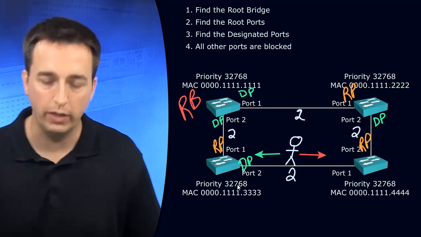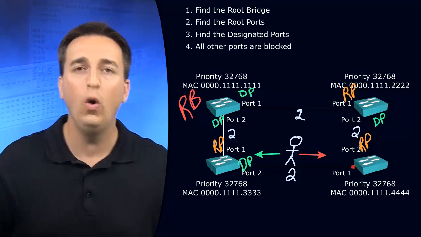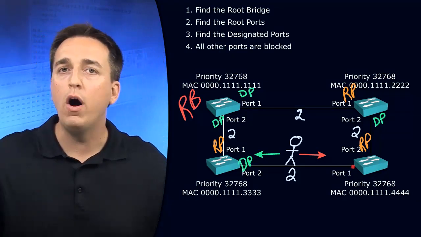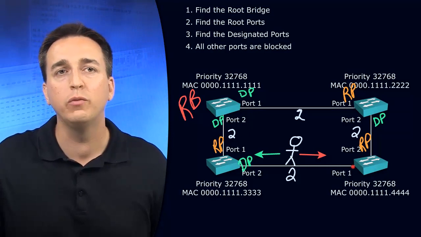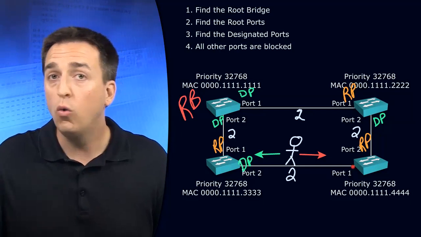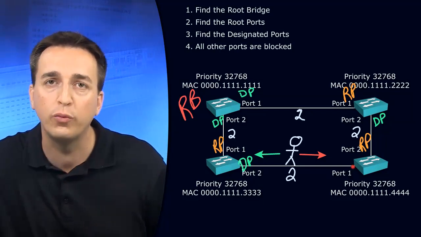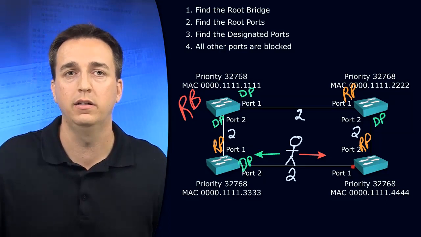So what does that leave us with? It leaves us with one port right here. What is that port? Well, walk through the steps. Did you find the root bridge? Yes. Did you find the root ports? Well, one root port per non-root bridge. We have 3 non-root bridges, therefore 3 root ports. Done.